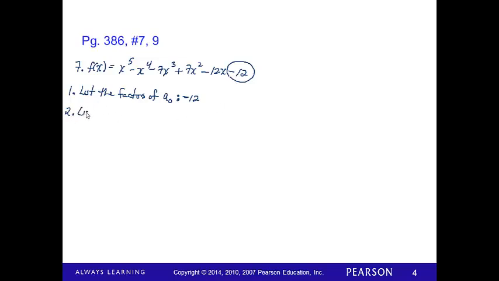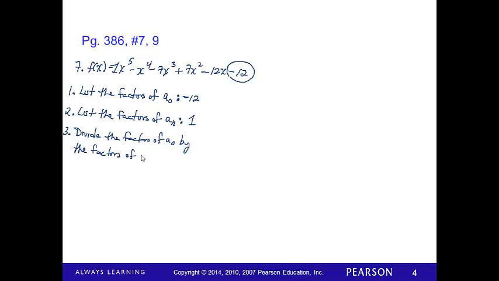Then we're going to list the factors of the leading coefficient, which in this case is 1. And then we're going to divide the factors of the constant term by the factors of the leading coefficient, which is a sub n.